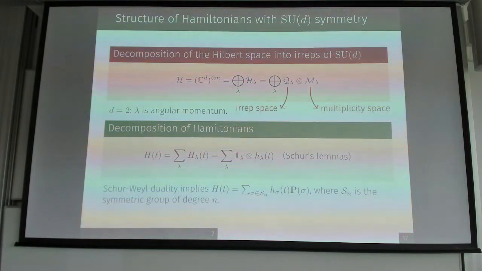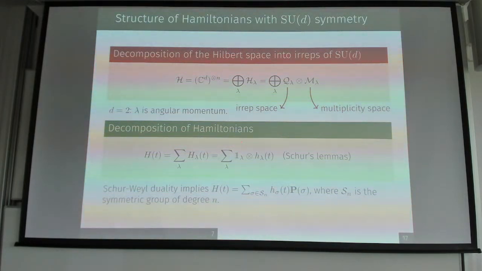Lambda labels the irreps, and Q_lambda is an irrep space, but each irrep has some multiplicity, denoted by M_lambda. In the simple case of d equal to 2, with SU(2) symmetry, lambda is just angular momentum. In general, it can be the general Casimir operators.